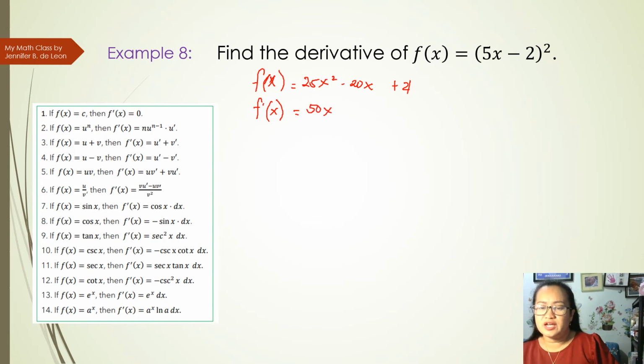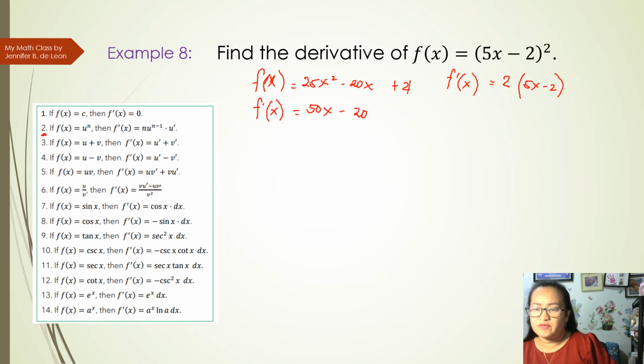So we get the derivative using the sum and the difference, okay, and some other rules. So we will have 50x minus 20. Now applying this rule specifically, rule number 2, okay, we have our u, which is 5x minus 2, and then simply we will have 2 times the numerical coefficient here is 1, so 2 times 1 is 2, and then we subtract by 1 degree, so 5x minus 2 will then be reduced to lowest term, or we have to reduce by 1 degree, so this will be 1, and then we get the derivative of the binomial, so we will have 5.